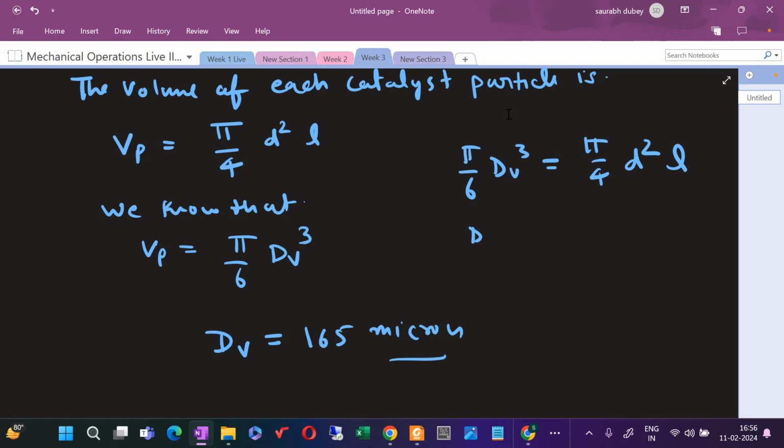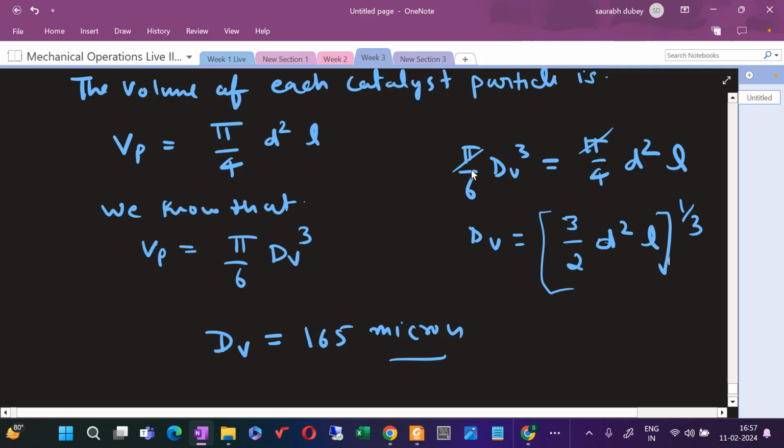So from here, dv equals (3 by 2 d square L) to the power 1 by 3.